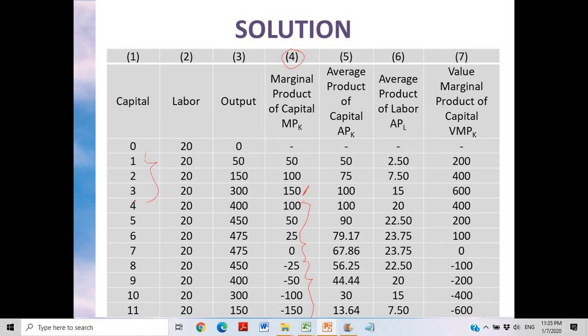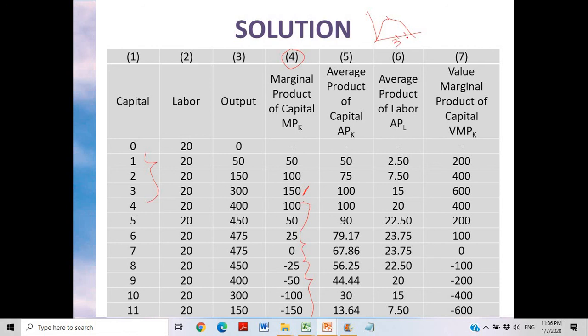But if you look at the answer, for example, the decreasing phase starts from 3 until 11, because negative is still decreasing. But why does it start from 3? It doesn't start from 4, because when you look at the graph just now, let's say it starts to decrease at 3.